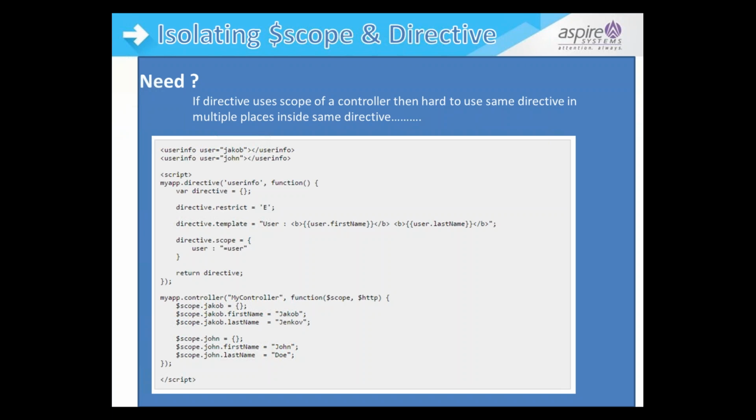Then I put user info user equal to John. Same directive, same controller, only scopes are differing. And since scopes are differing, I can show two different data with the same code. Got it?